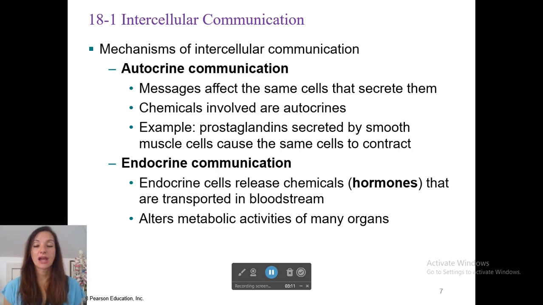For instance, from the pituitary gland, growth hormone is released into the blood. It travels throughout the body to target tissues where growth is going to be occurring. So that's how hormones work, and that is what we mean by endocrine. So we're mostly going to focus on endocrine communication within this chapter.